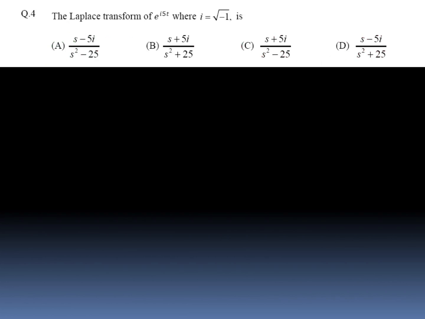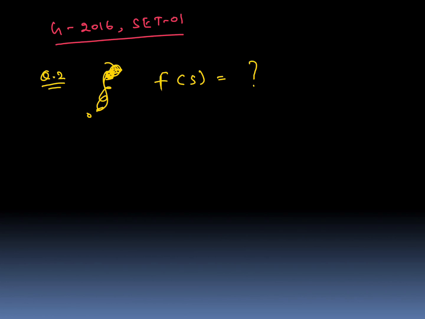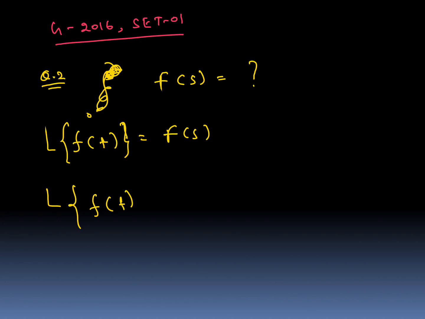In 2016 set 1, one question they asked was a direct formula: F of s equals what? In the options they gave, we know the Laplace of f of t is F of s, which equals the integral from 0 to infinity of e to the power minus st f of t dt.